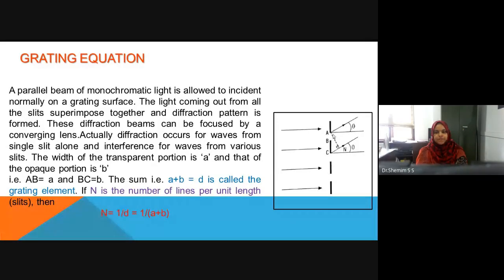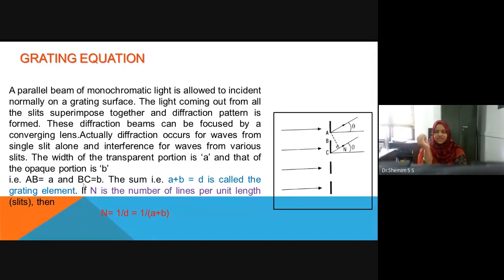And here, the transparent portions, like this region AB, all have equal width, and let small a be the width of the transparent portion. The opaque surfaces also have equal width, and let small b be the width of the opaque portion.